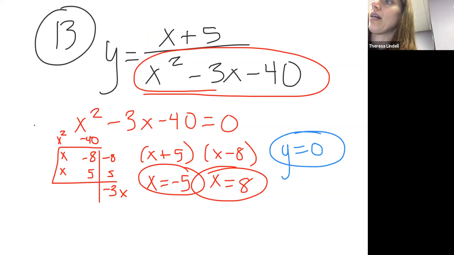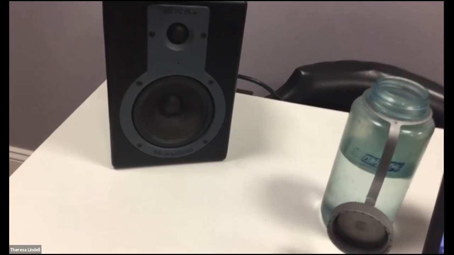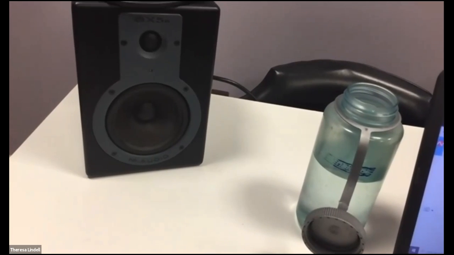I'm going to stop sharing for a second if I can figure out how. And then we'll graph this guy on Desmos so you guys can see it really quick and we can see where the asymptote is. Wait, what was on top? x plus 5 divided by x squared minus 3x minus 40.